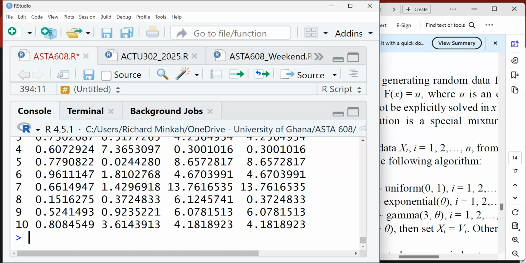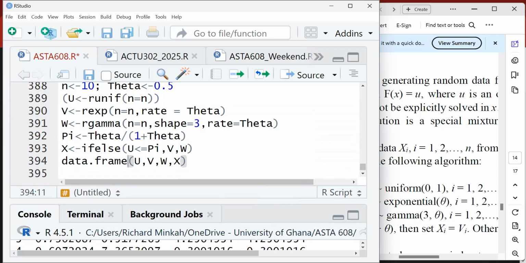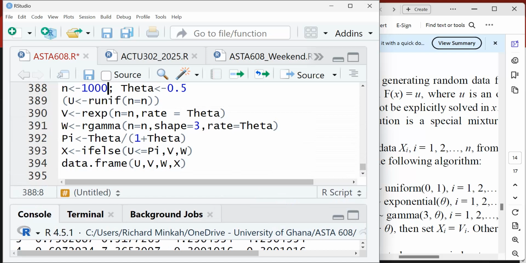So we are going to generate observations. We are going to make the sample size large, and then we use a histogram to see the various shapes we will get. Is that okay? So let's do so, we are all doing the same. I'm going to change mine to 1000.